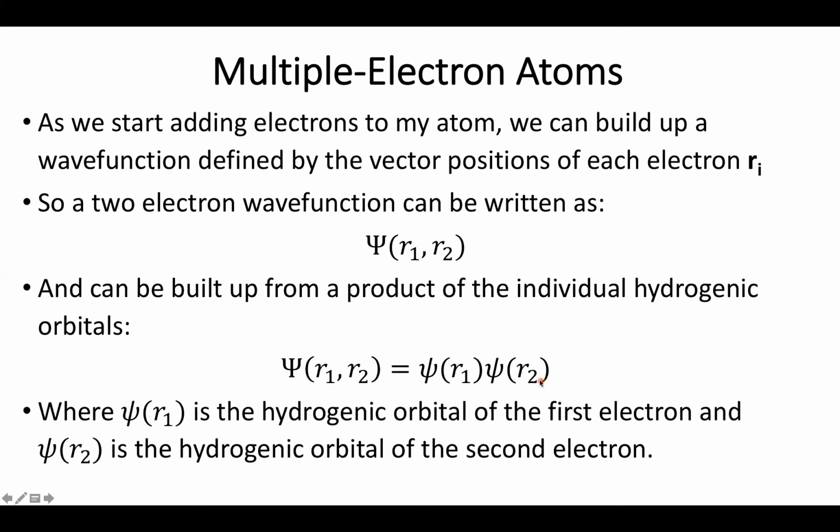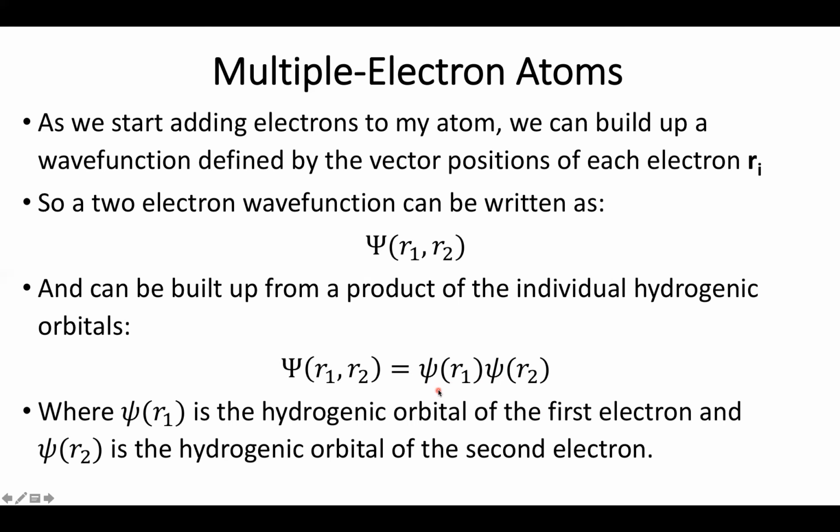Because the only orbitals we really know at this point are the hydrogenic orbitals, if I've got a wave function for, say, helium, I can treat it as the product of two hydrogenic 1s electrons. Two electrons, both sitting in the 1s orbital. I should be able to just multiply these two together.